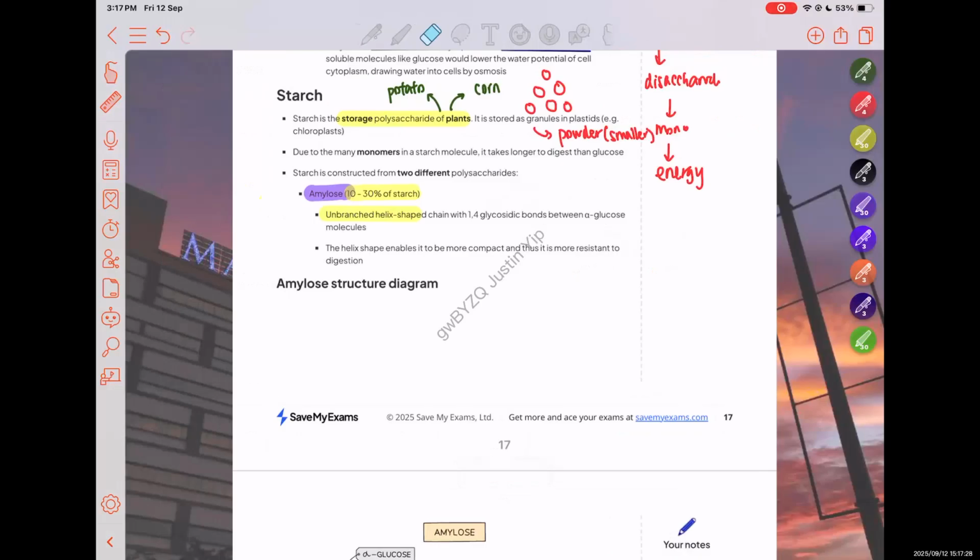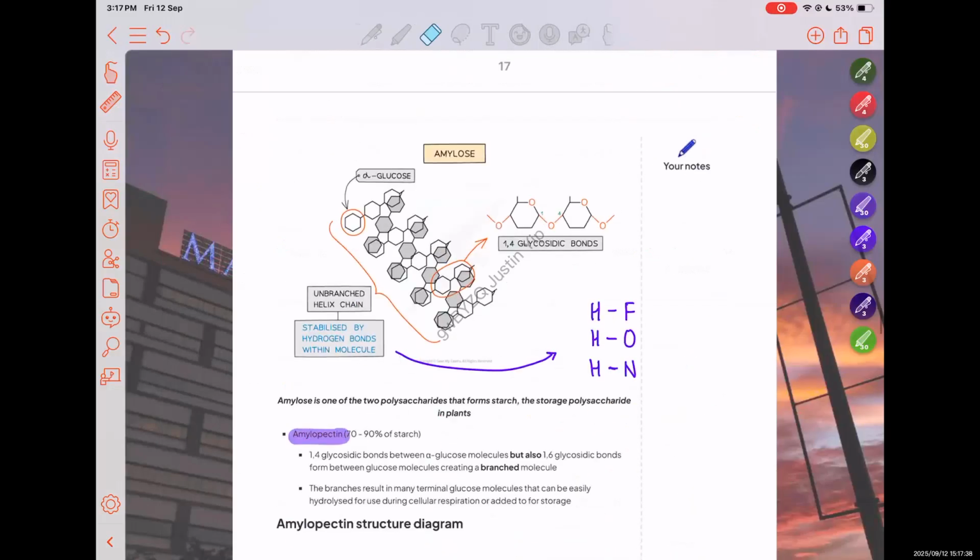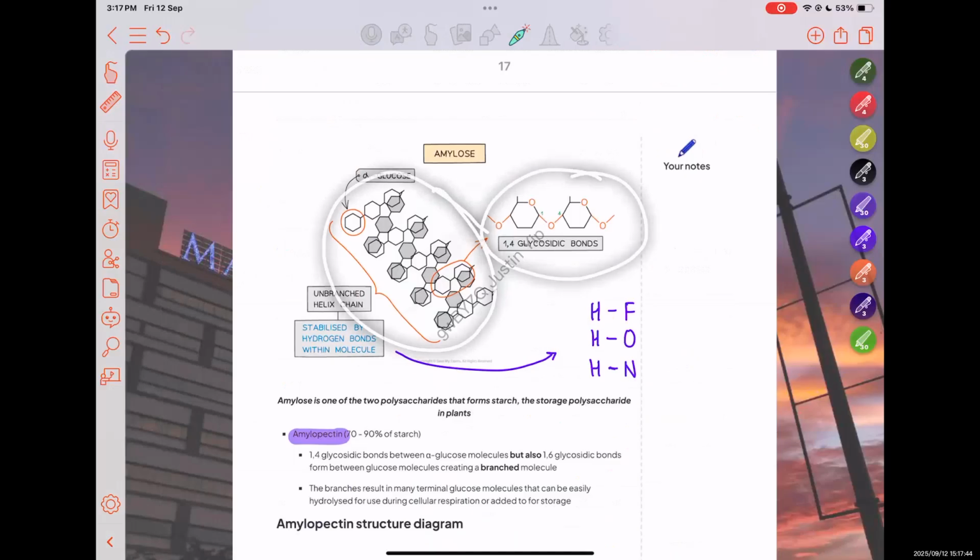So you have this structure, where you link 1,4 alpha glucose molecules together by condensation. They are a straight chain, and inside they consist of 1,4 glycosidic bonds. So this is your amylose.